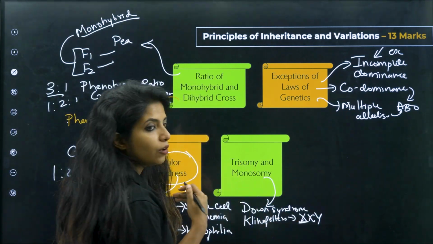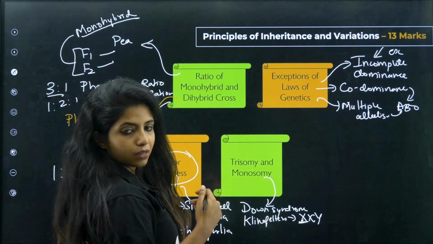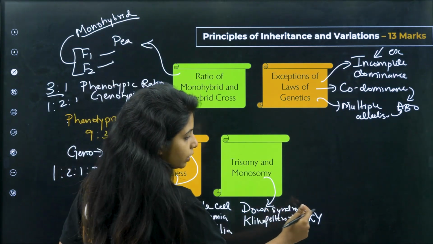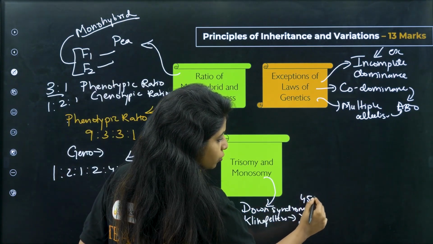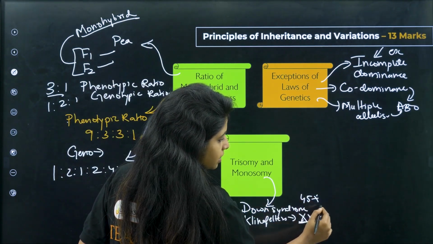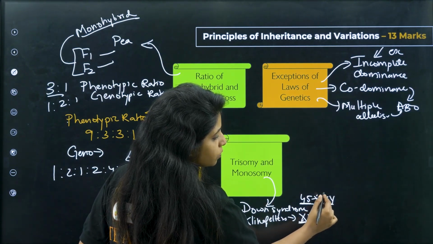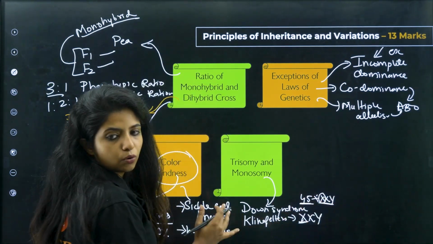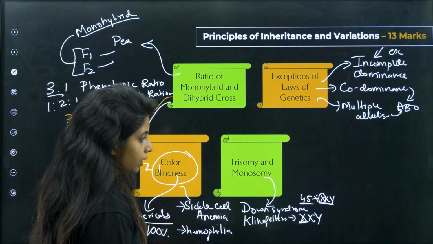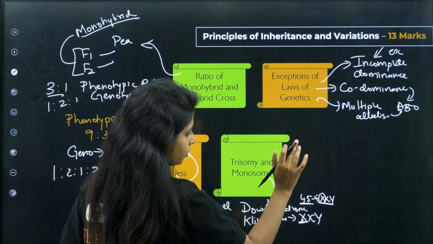Usually we all have 46 chromosomes. Over here we have the normal 44 autosomes plus XXY. So the autosomes are normal, the sex chromosome is the one that is extra.